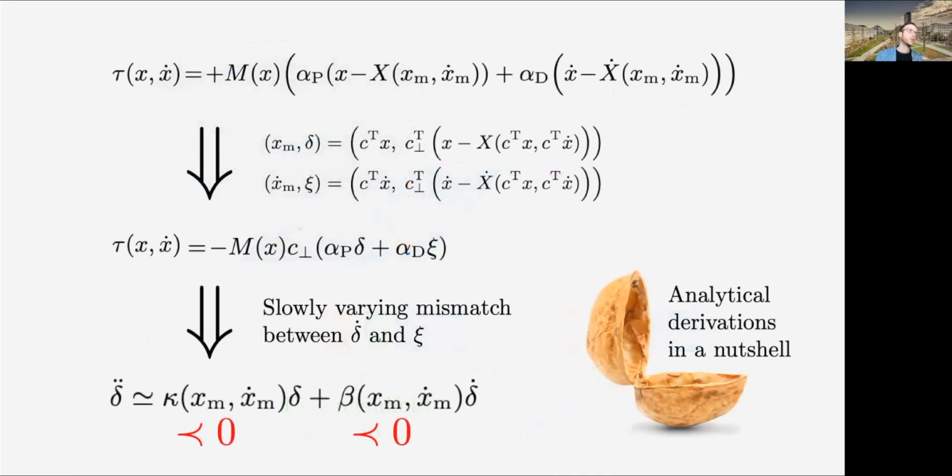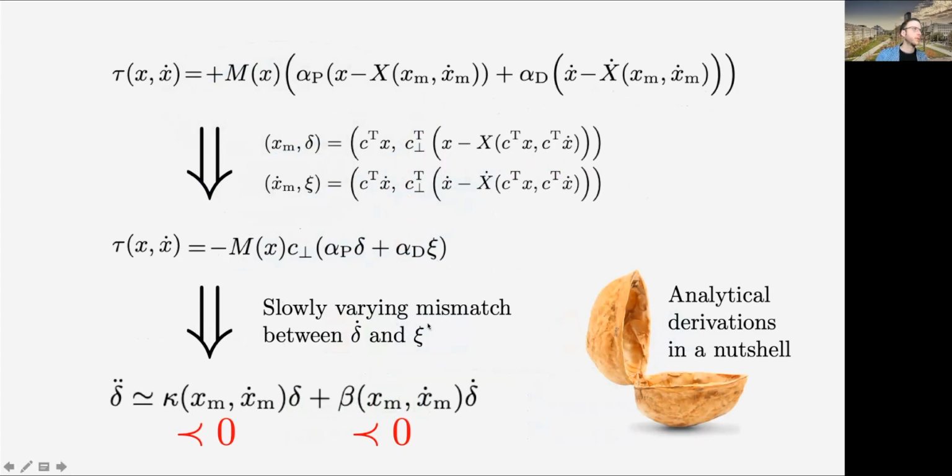And then, in a nutshell, what we do in the paper is show that this control action, if we suitably change the configuration variables of the system, can be written in a much simpler form, and that brings out even more the PD nature of our controller.